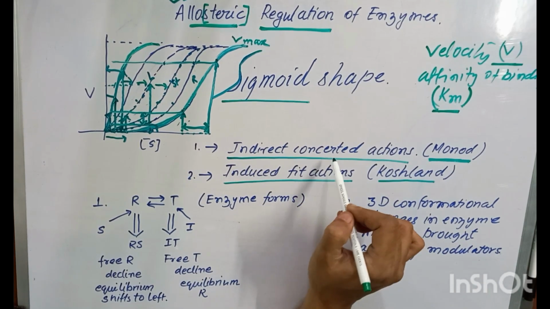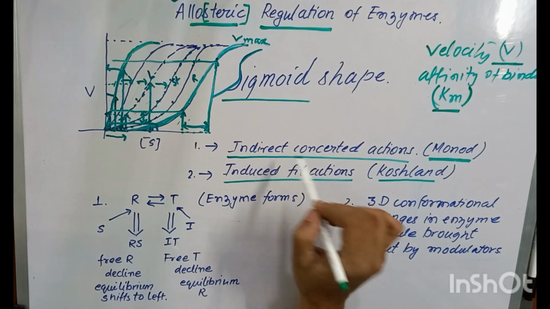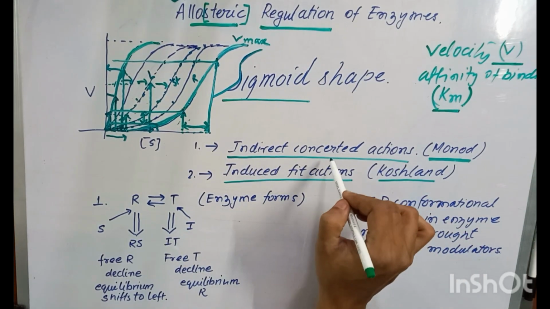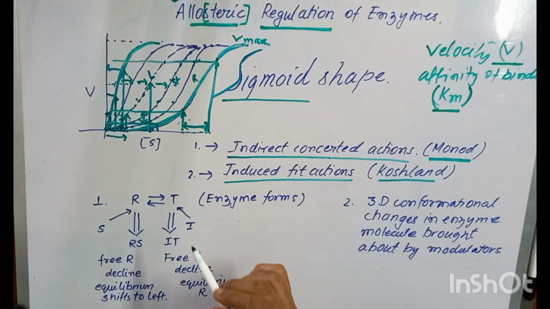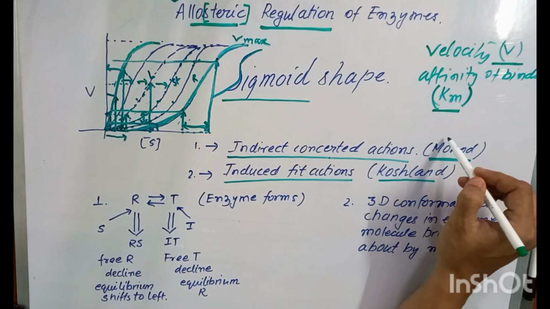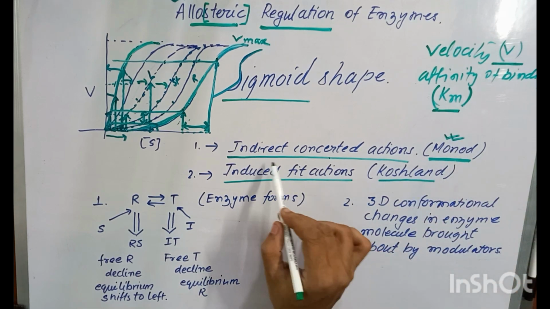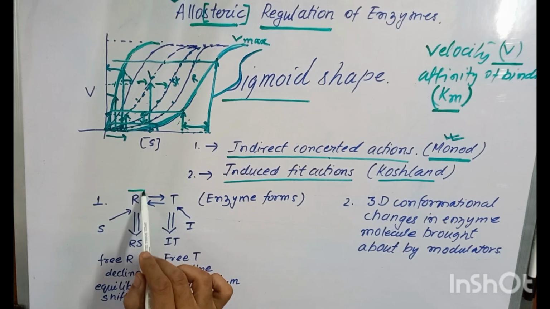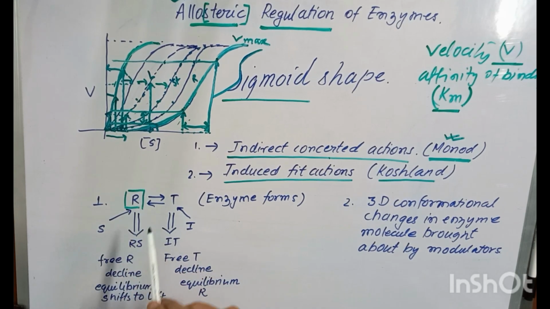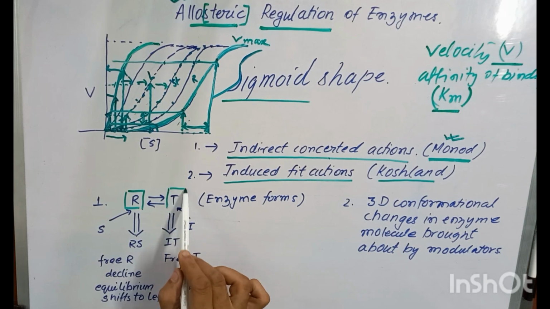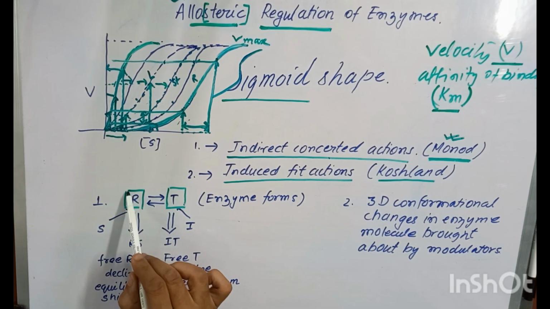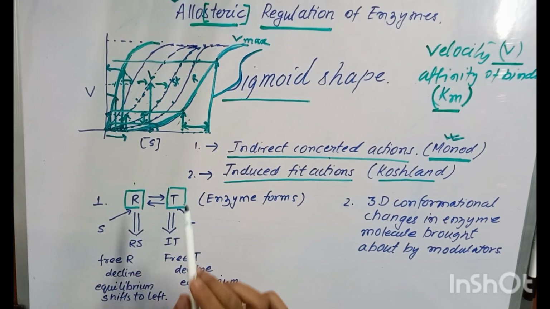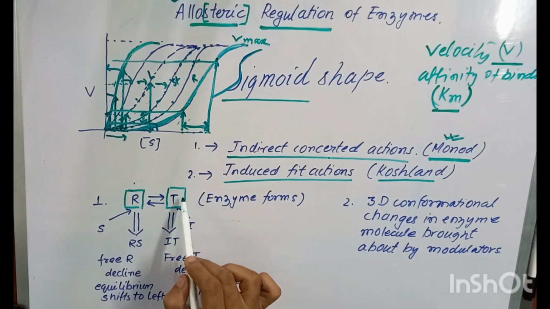Now, what do indirect concerted actions mean? I will explain the model of Monod. This model proposes that there are two different forms of the enzyme: the R form, which is the active form, and the T form, which is the inactive form.